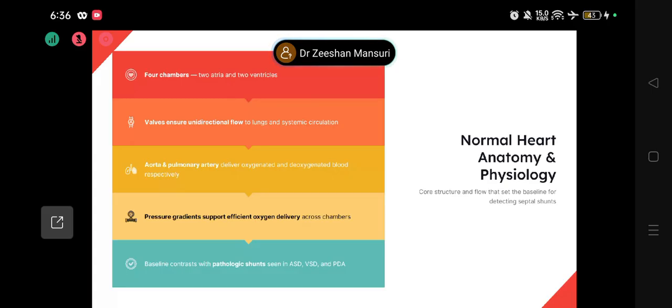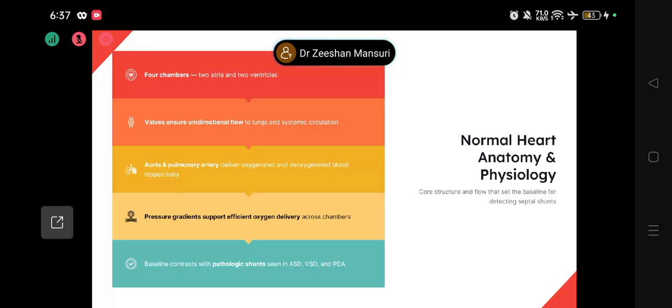So that is what creates this shunting, because of the defect of the septum in the atria or the ventricle, or at the level of the pulmonary arteries like PDA or AP window, the gradient happens because of the pressure difference, and the left ventricular side is almost always having a higher pressure as compared to the right side. And almost always, whenever the shunt is diagnosed, it is a left to right shunt, except when it is Eisenmengerized.